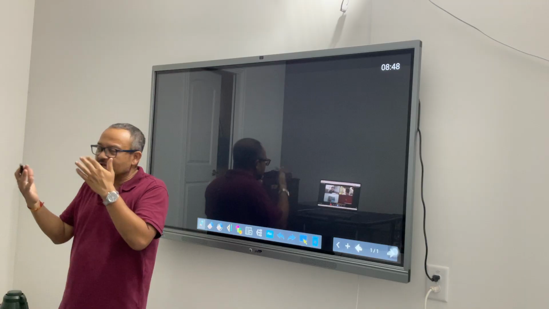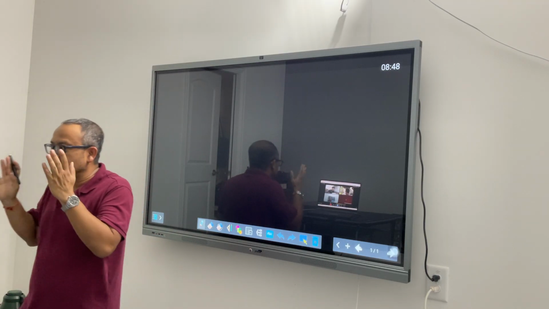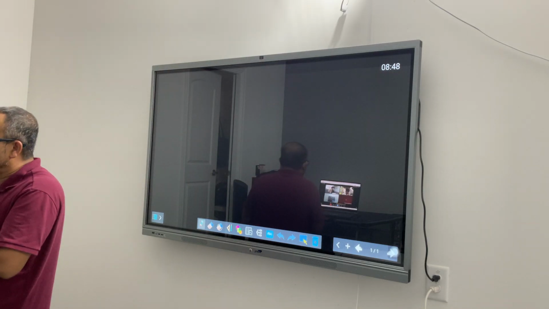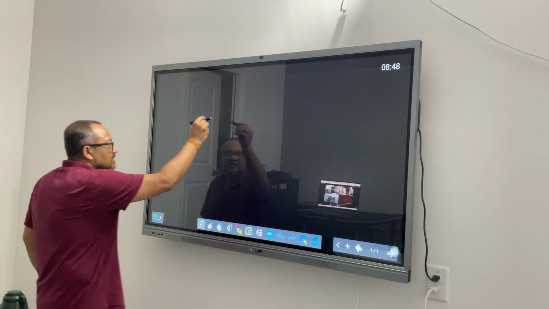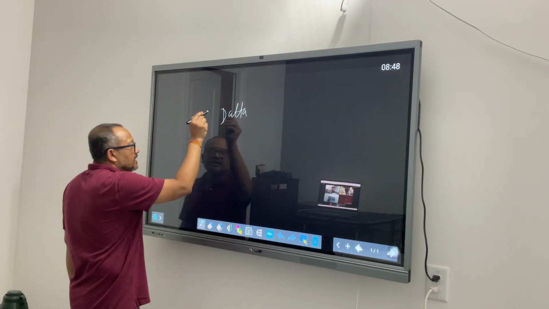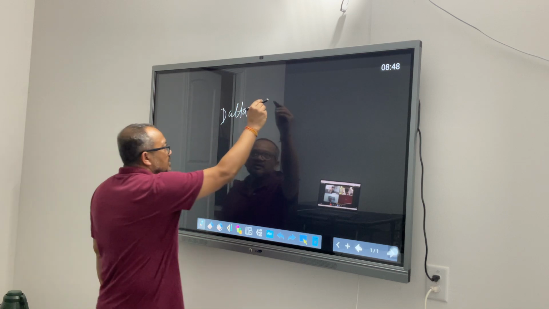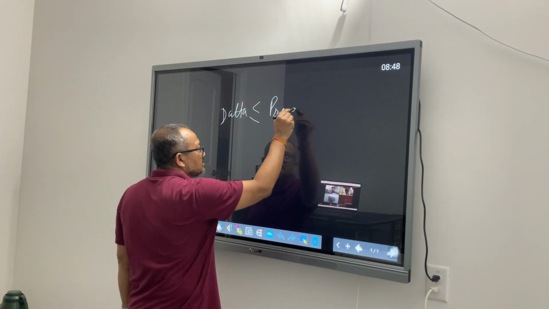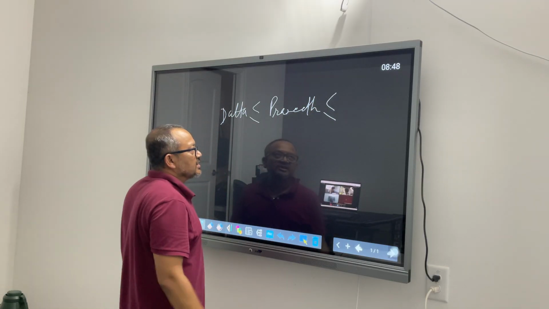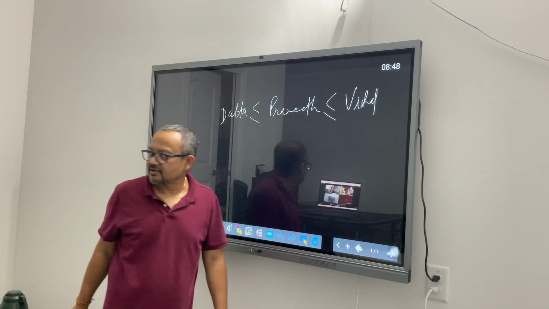What it says, let's look at some example. And I will give you guys a very hypothetical example for today only. Let's say Datta's age is less than or equal to Pradeep's age, and Pradeep's age is less than or equal to, let's say, Vishal's age.